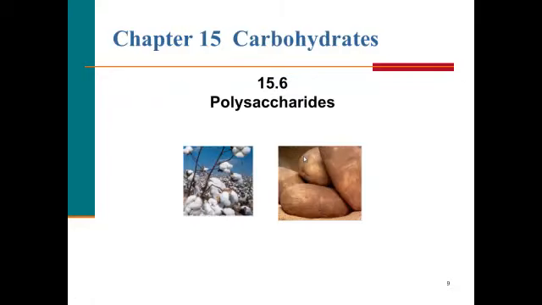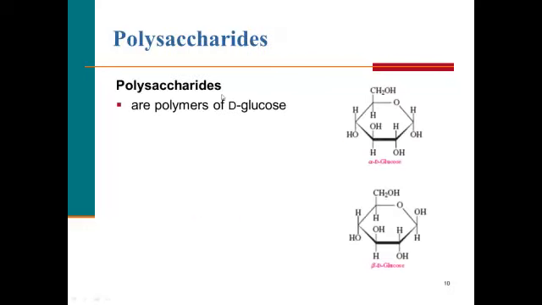That brings us to polysaccharides. Polysaccharides are the joining together of multiple monosaccharides, so poly being many. Now the polysaccharides that we're going to talk about are all going to be polysaccharides of glucose molecules. So it's a different way of joining glucose molecules together to form other molecules.